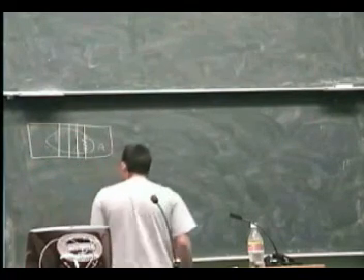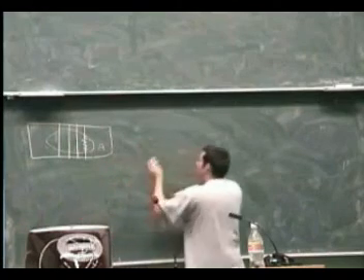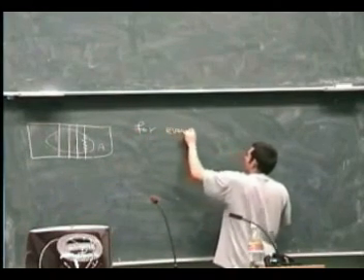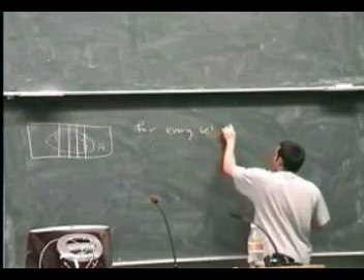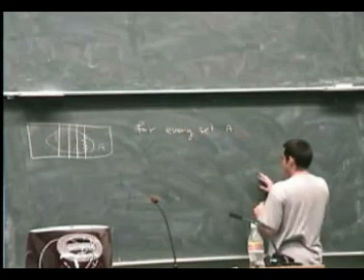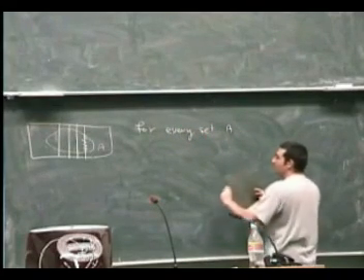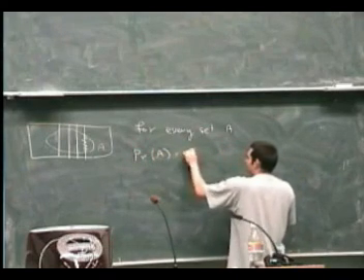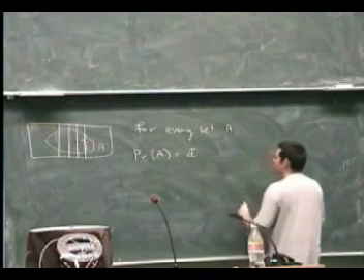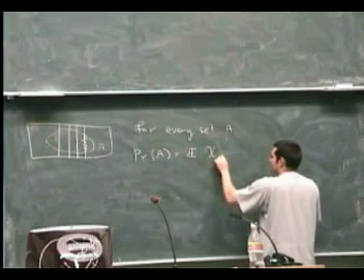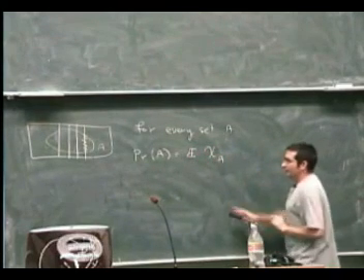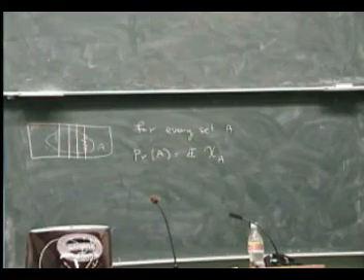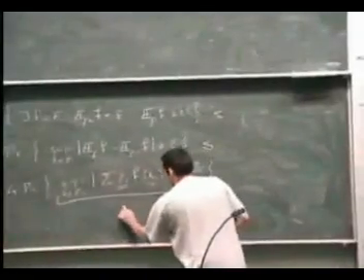Formally, what you say is that for every set A, the probability of A is the expectation of the characteristic function of A. Now, in our case, this is the set A. Okay?